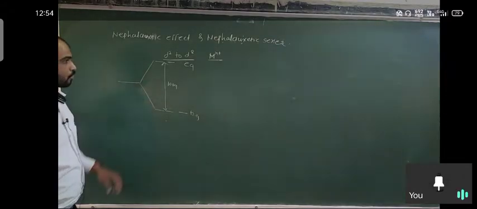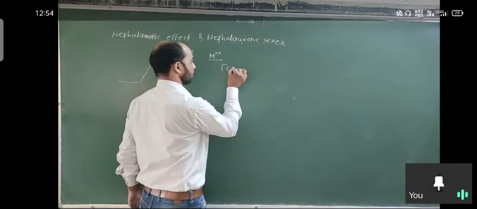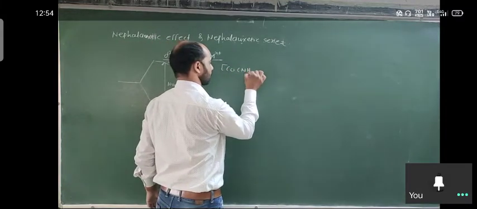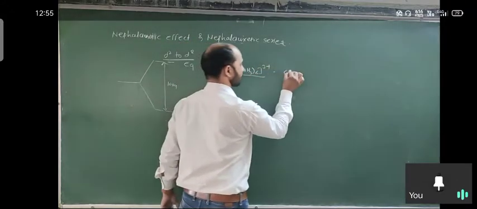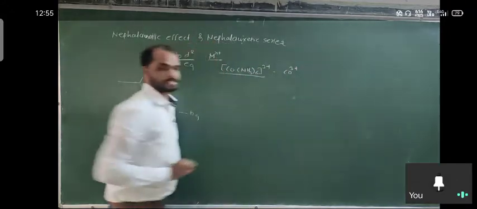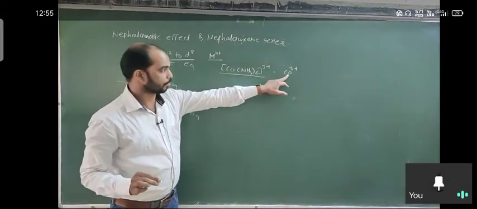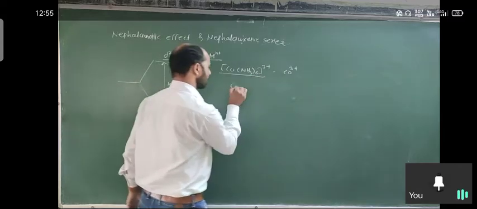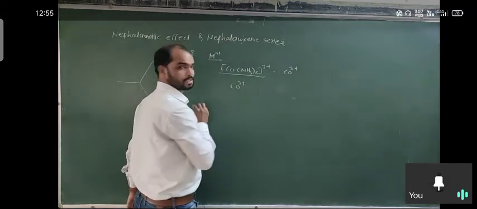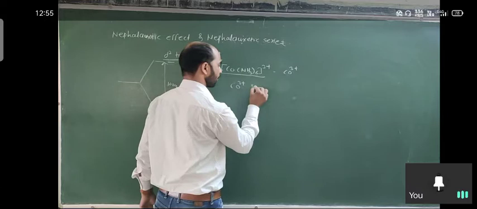Suppose we consider [Co(NH3)6]3+, where cobalt is present in the +3 oxidation state. It is cobalt in a complex ion, and suppose we consider a cobalt with +3 oxidation state as a free gaseous ion.